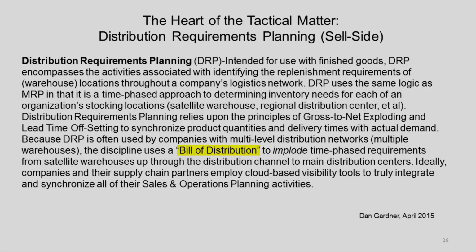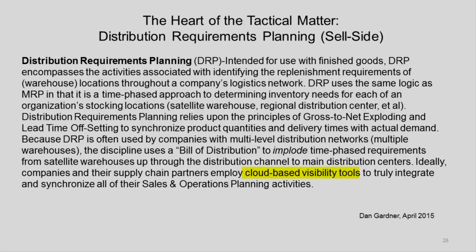Here's where that integrating function between the sell side and the buy side becomes so important. Ideally, companies and their supply chain partners employ cloud-based visibility tools to truly integrate and synchronize all of their sales and operations planning activities.